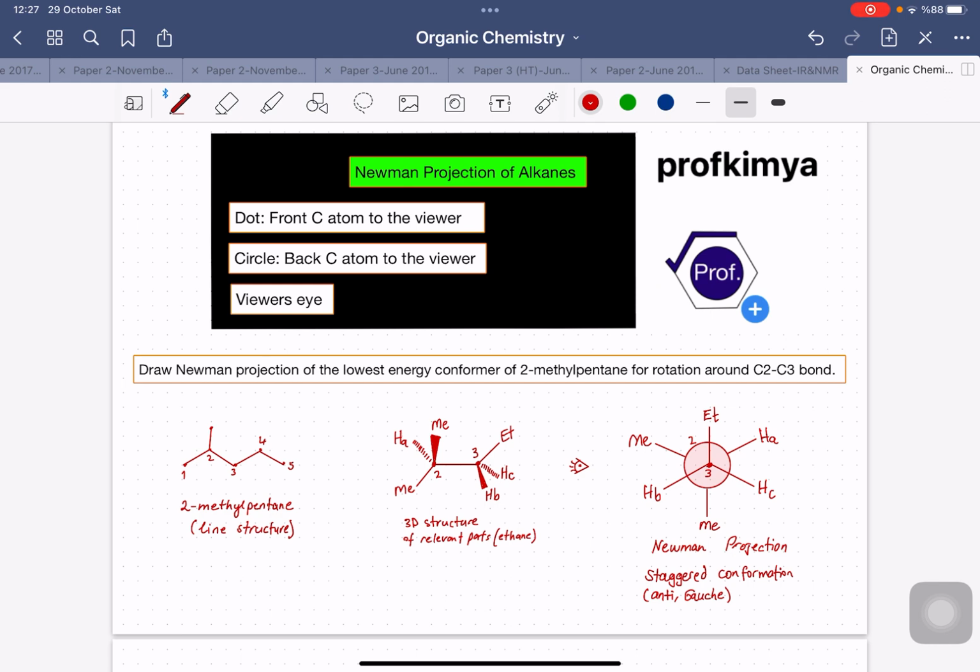So this Newman projection shows us the lowest energy conformer of 2-methyl pentane because it has a staggered conformation. In staggered conformation, as you can see, all the substituents are separated by 60 degrees from each other.